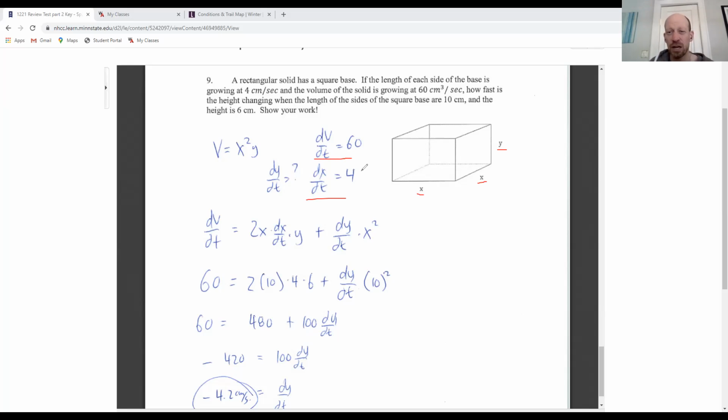I know those rates are going to be important to me. The volume is growing at 60 cubic centimeters per second. That's this, right? That's how I express that. And the length of each side of the base is 4 centimeters per second. So that's dx dt. How fast is the height changing? So I called that y. So I want to know dy dt.